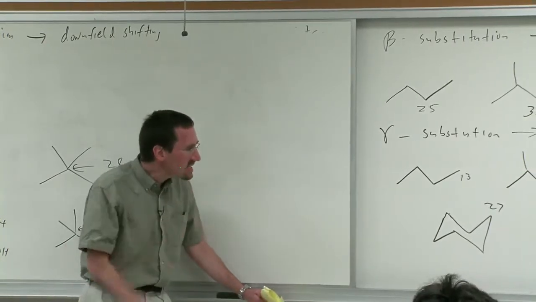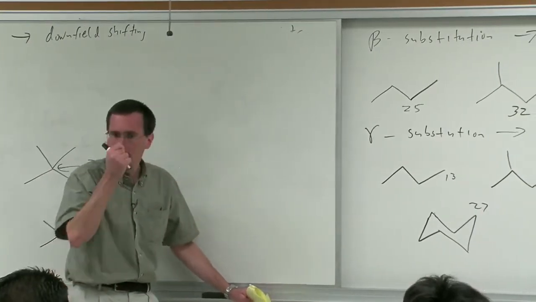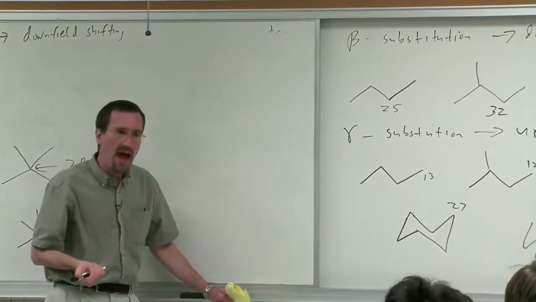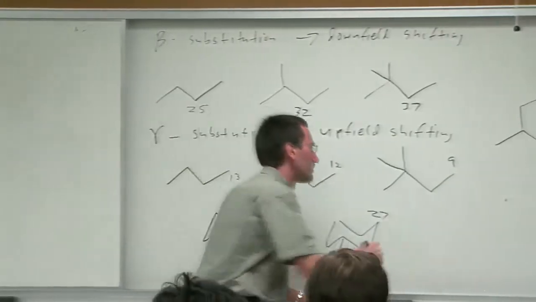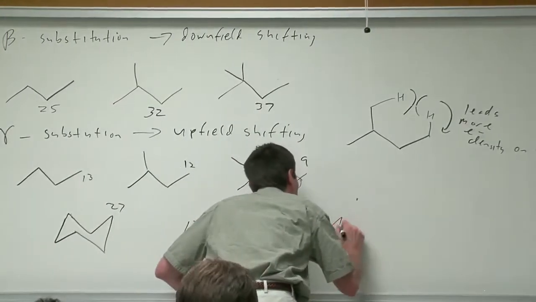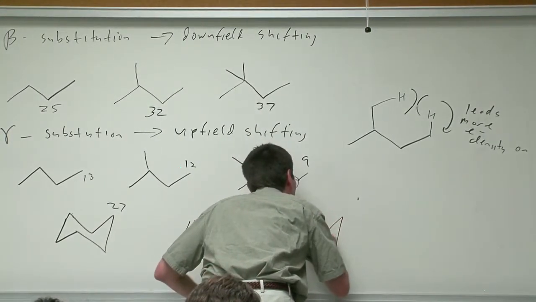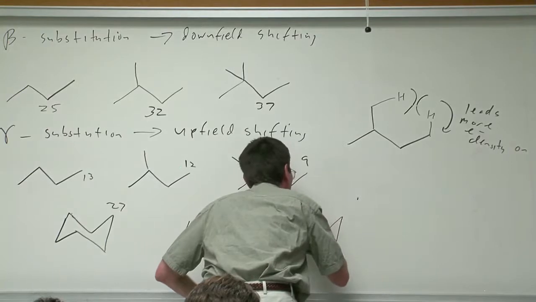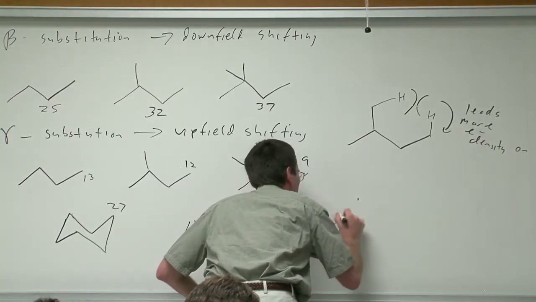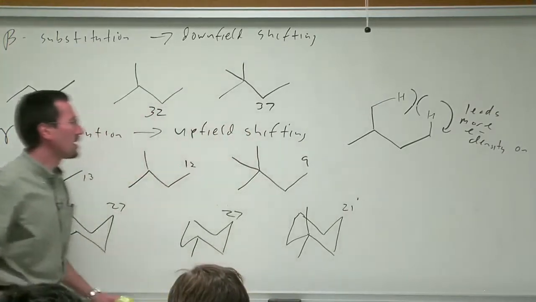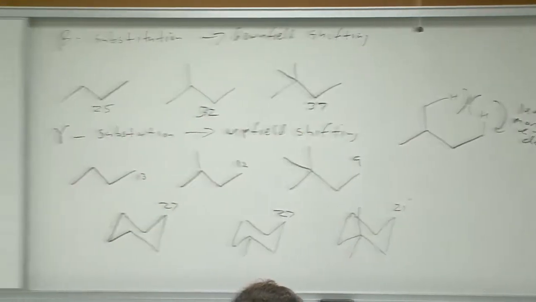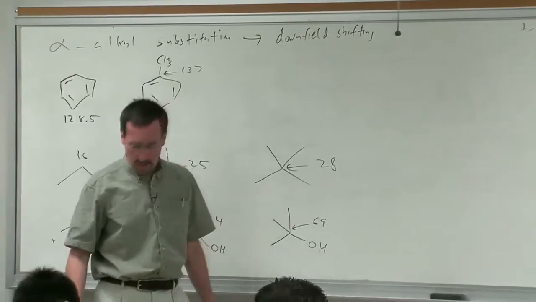But if I add a second methyl group, gamma, then one methyl group has to be axial. And there's no way to avoid 1,3 diaxial interactions. And so now that carbon shifts up to 21 ppm.